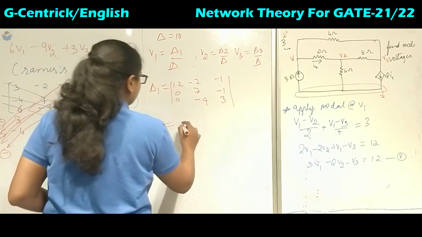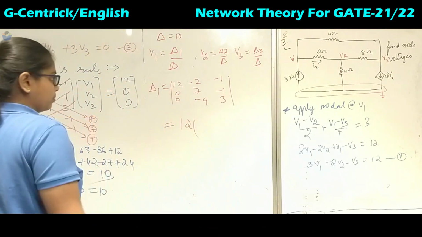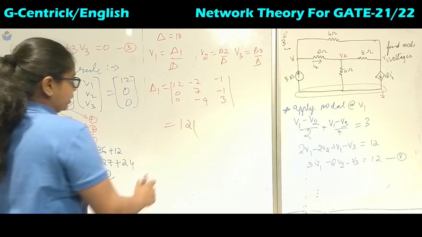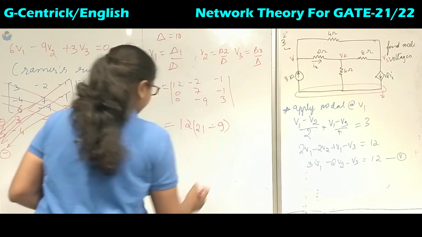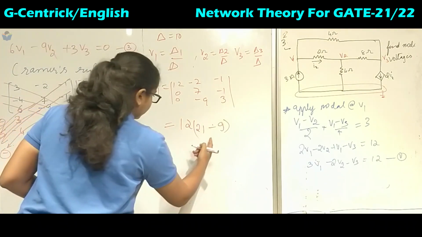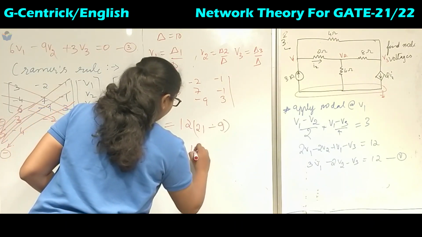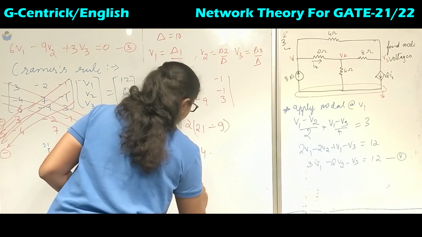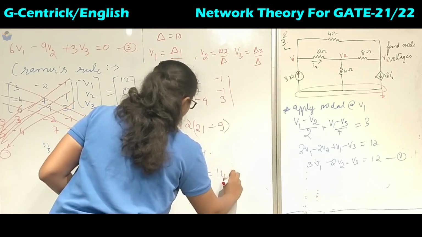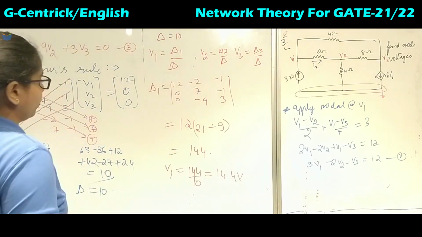Since there are 2 zeros, it will be easy to find the determinant of this matrix. So 7 threes are 21 minus 9. So 21 minus 9 is 12, 12 into 12 is 144. So V1 is equal to 144 upon 10, which gives us 14.4 volts.